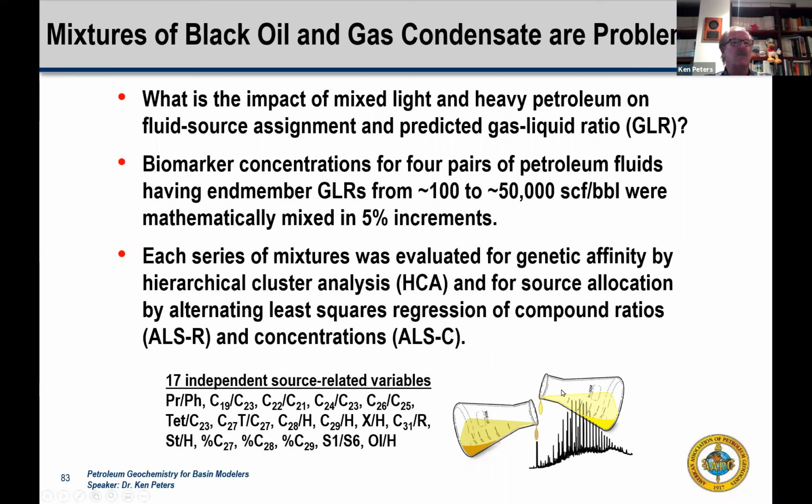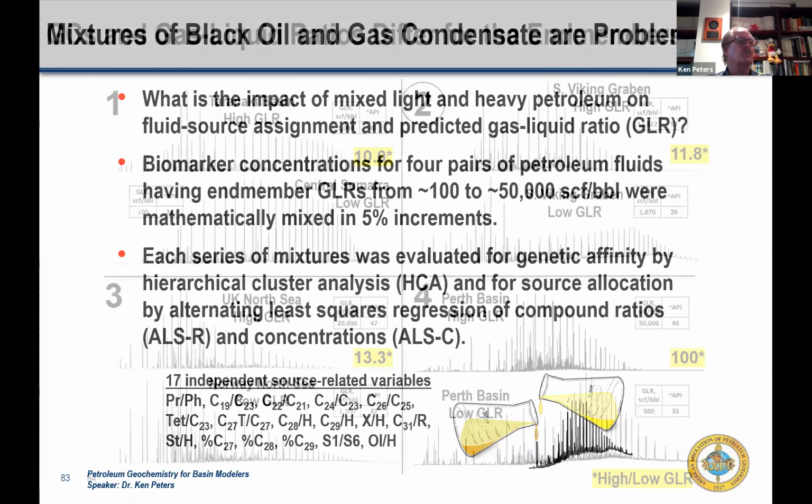And again, we're not mixing them physically, we're mixing them mathematically. Here are the ratios, pristane/phytane. Here's some terpane ratios and some hopane ratios and sterane ratios, diasterane ratios, oleanane ratios. So we're going to use that for looking at ratios.